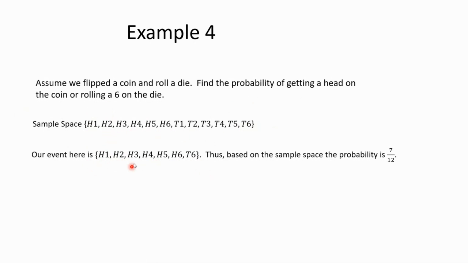These are the coin landing heads up. What about rolling a 6? We have the coin landing heads up and getting a 6, which is already in there. But we also have this one: the coin landing tails up and we roll a 6. So just by using our probability definition directly, our probability would be 7 out of 12.